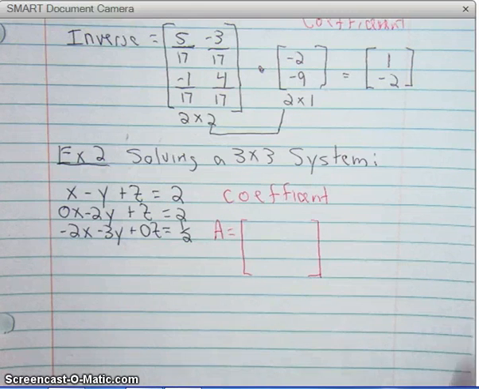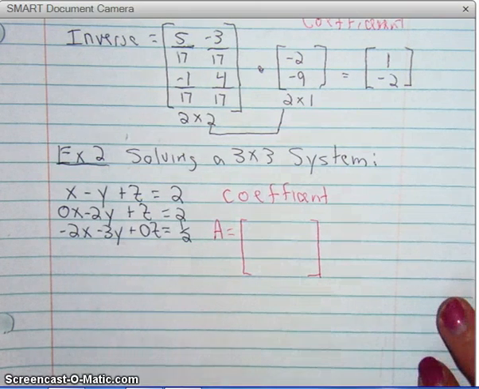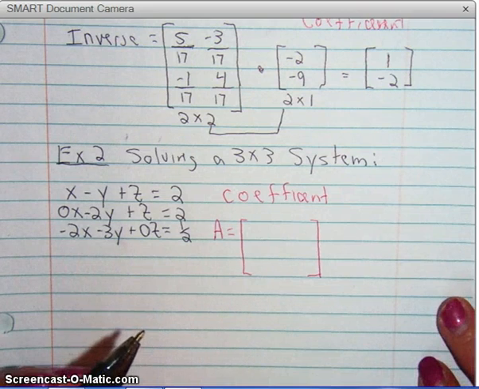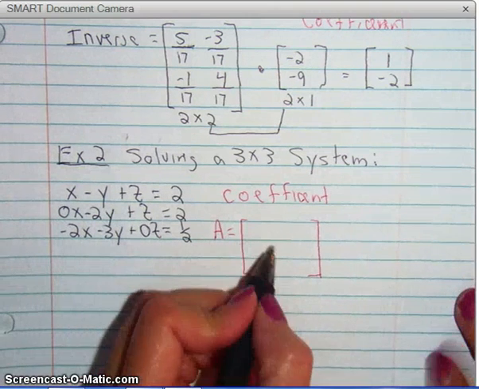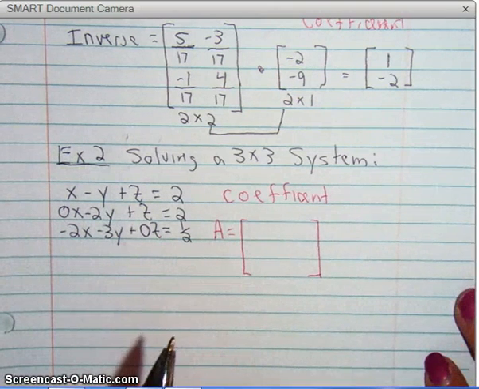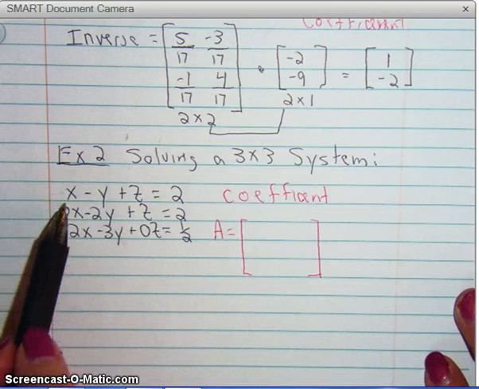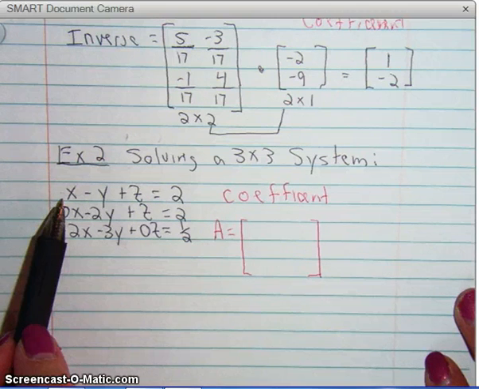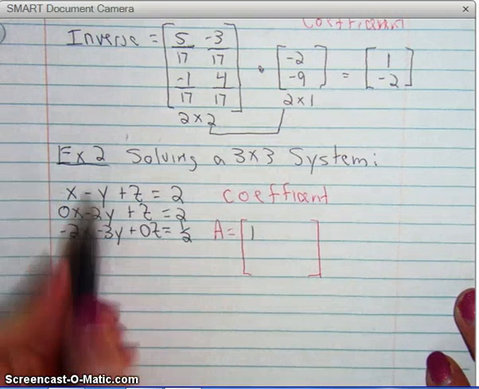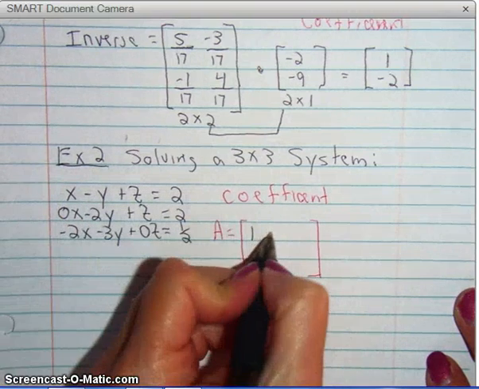All right, Mason, can you read off the numbers for us? Go across the top first. So coefficient here is? X. Coefficient, number in front. So what number is here but you don't see it? Oh, 1. What's there? Negative 1.